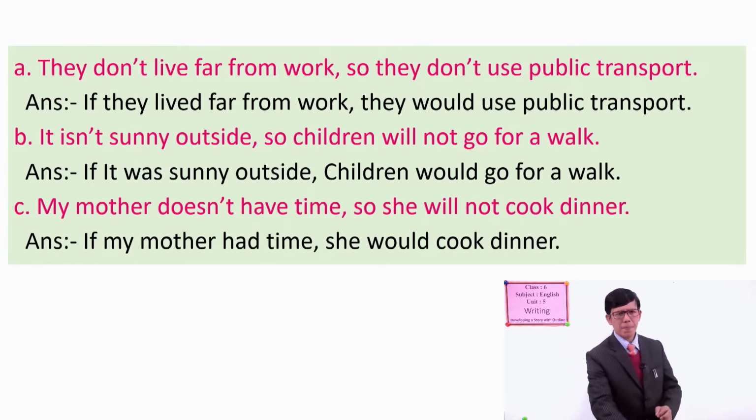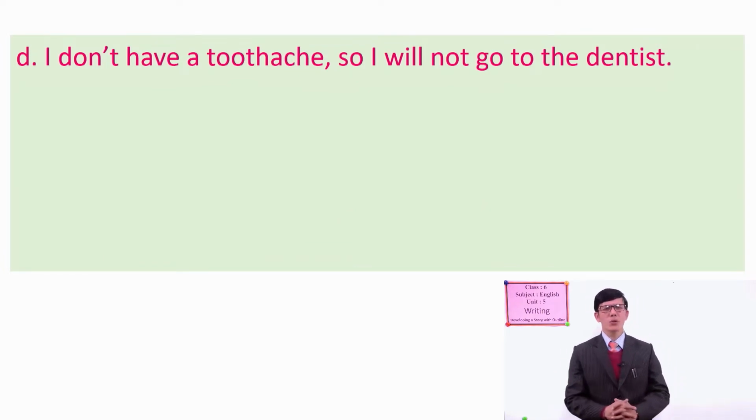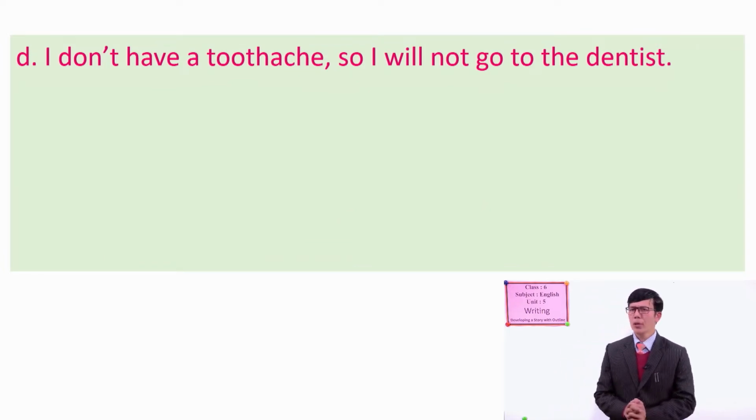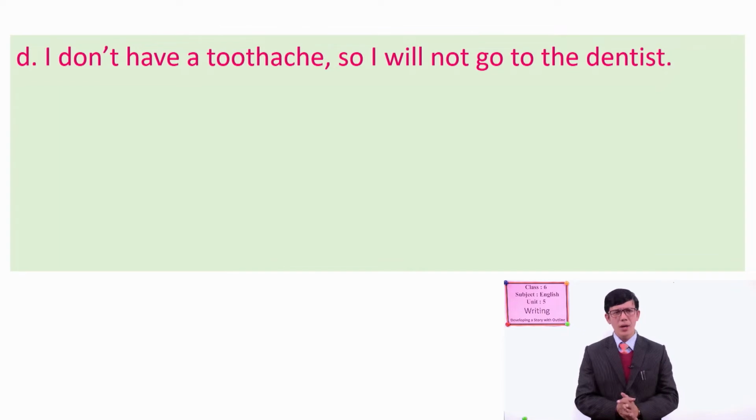All right. Now let us look at number D. I don't have a toothache, so I'll not go to the dentist. Let's see how you now change the first part. I don't have a toothache. Make it verb 2. How do you do it?